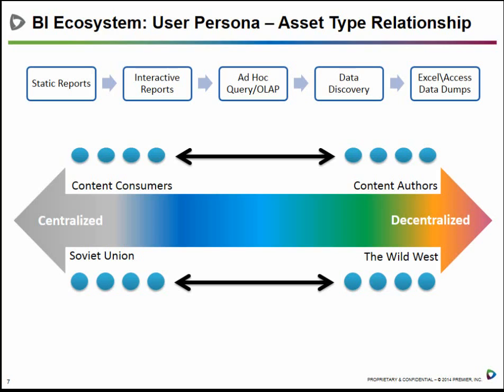So what you see here is the traditional way of looking at what kind of users there are out there and what we are doing to enable them. You have content consumers on one side, right? And you have content authors on the other side. And then you have a whole paradigm of objects that are out there with which we deliver BI.